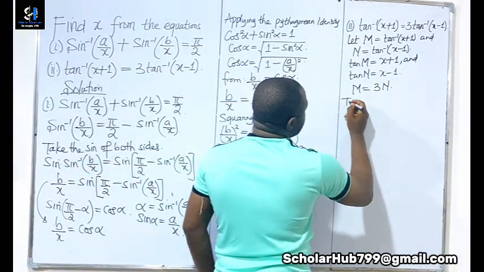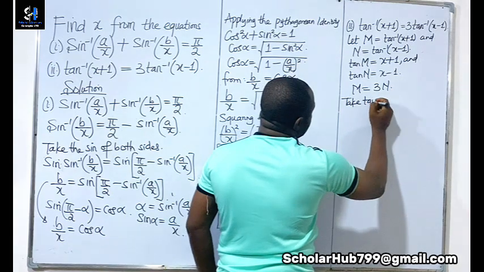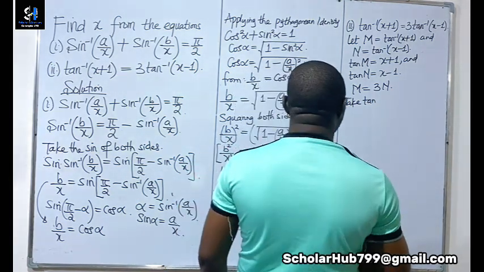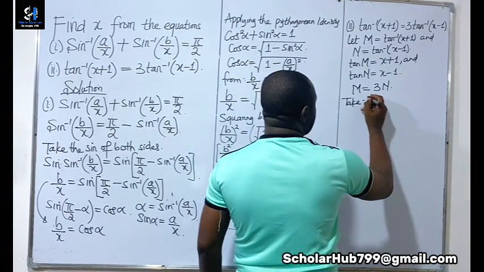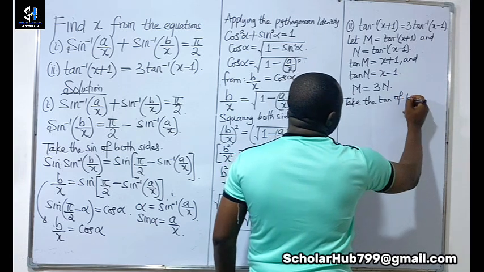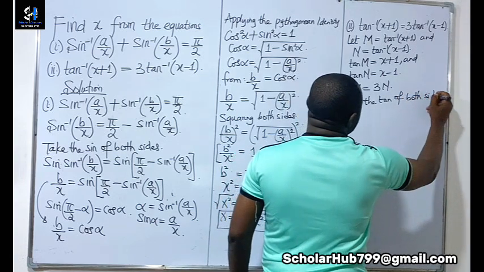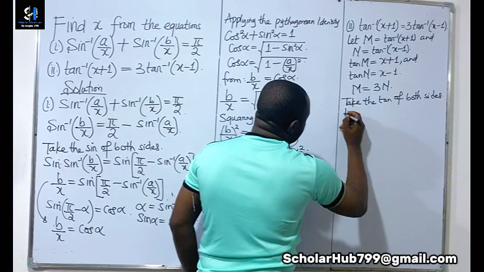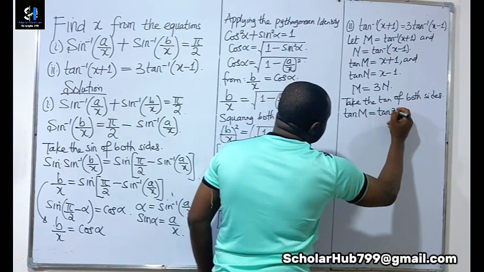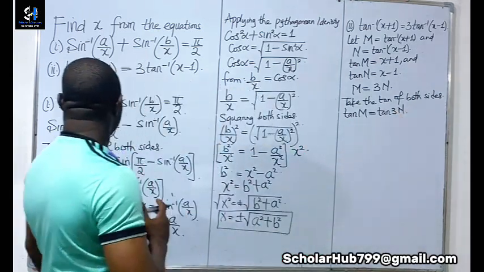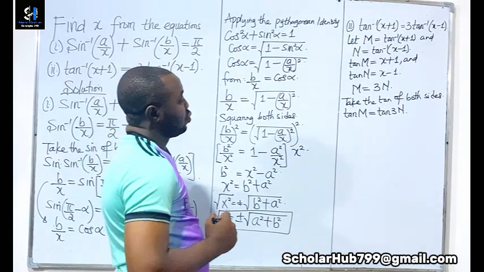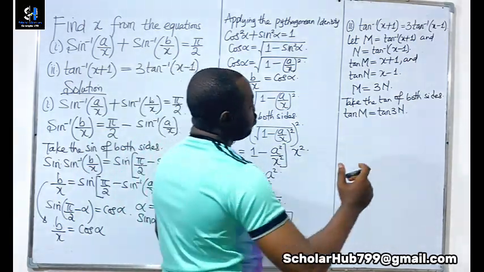So what I will do now is take the tan of both sides, so that tan m equals tan 3n.